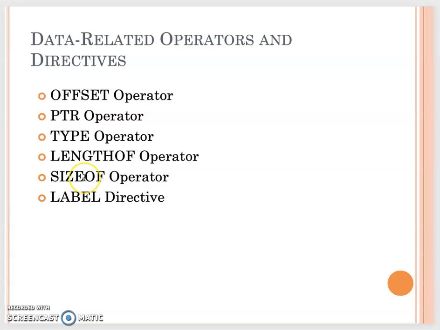Those operators can help us to access the indirect operand. The indirect operand means you have a data label, but you can access multiple data items.